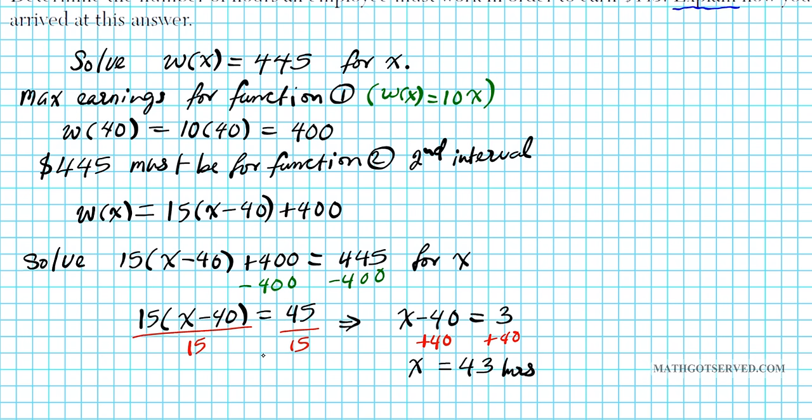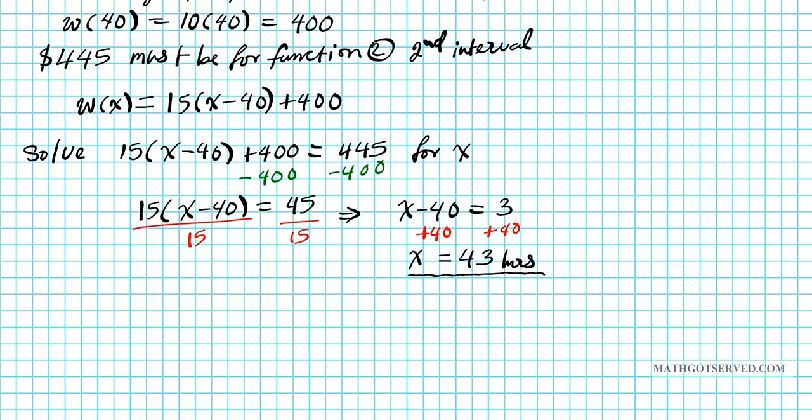All right, so are we done with this problem? Absolutely not. We are asked to explain how we got our answer. If you want to get full credit, you have to explain here, okay? So let's explain the procedure we used to arrive at our answer.